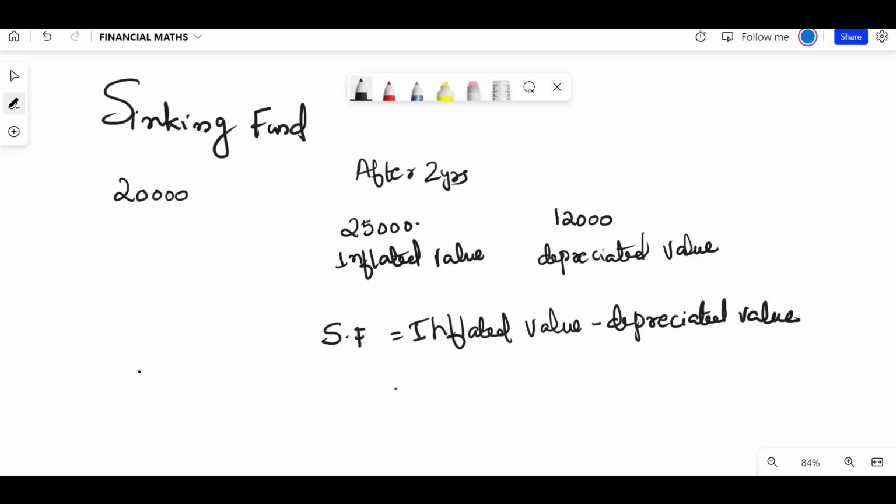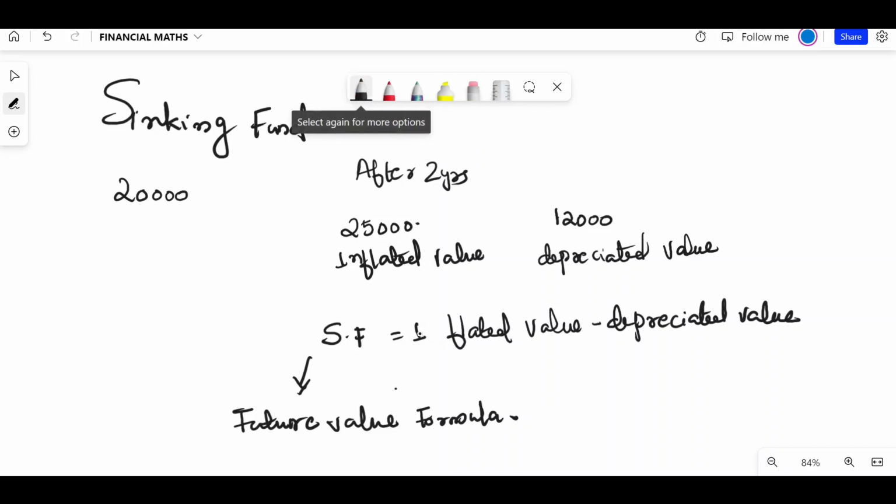Okay, so a sinking fund is set up for the future, so we always use the future value formula. A sinking fund is a future value problem. This is an important part here. The inflated value is the bigger price in the future, that is after inflation.